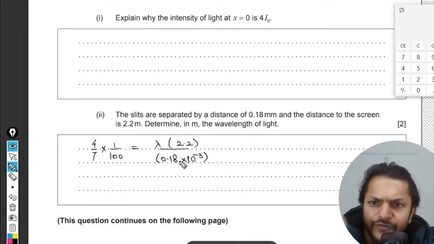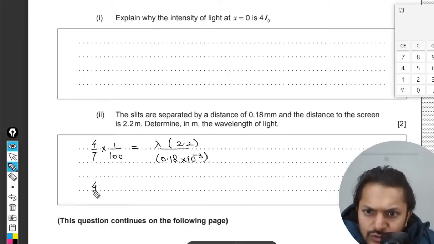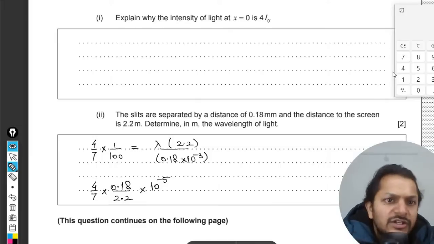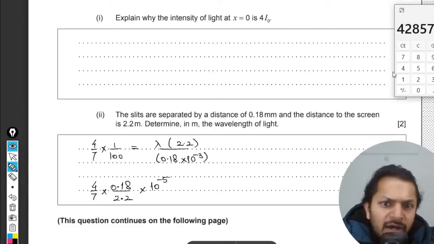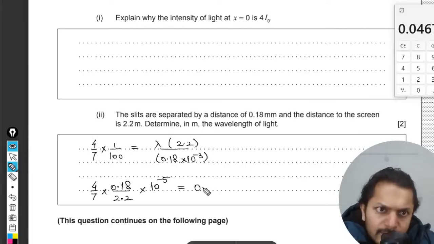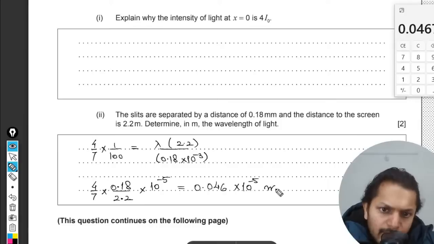Instead of calculating by hand, I will show you on the calculator now. Divided by 2.2 into 10 raised to power negative 3 and negative 2, so I have clubbed it. So this will be 4 divided by 7 multiplied by 18 divided by 2.2 divided by 100. I forgot the decimal. So the answer will be 0.04 meters.